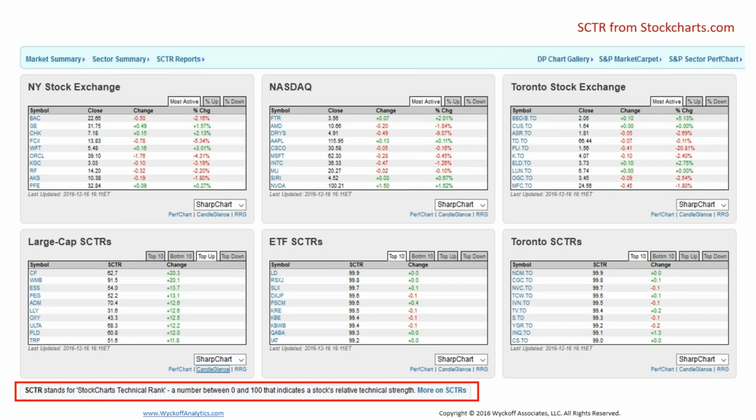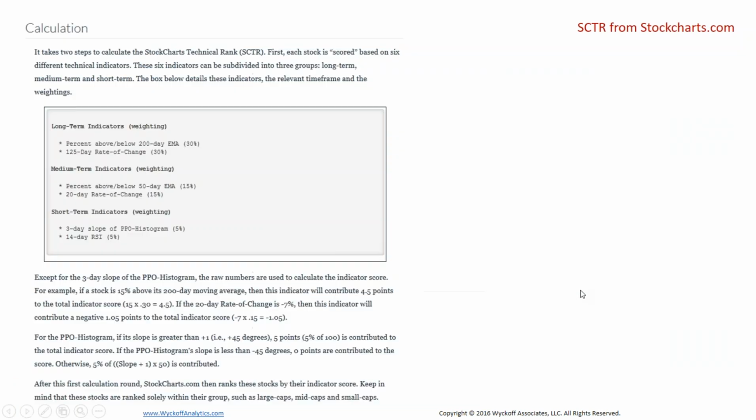I also like to look at scooters on StockCharts, and scooters actually is a fascinating ranking tool, and I put here a definition for the scooters, how they look at this. And let's quickly look at the formula here. So they have long-term indicators, which define all of the stocks, a specific percent of stocks, that are above the 200 moving average.